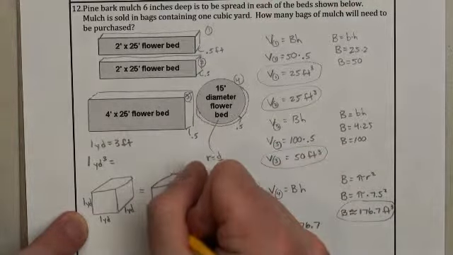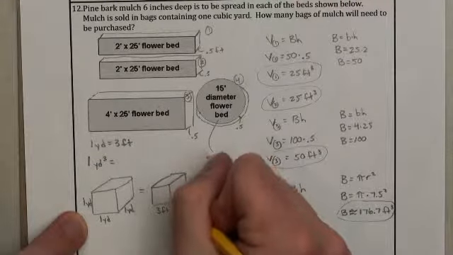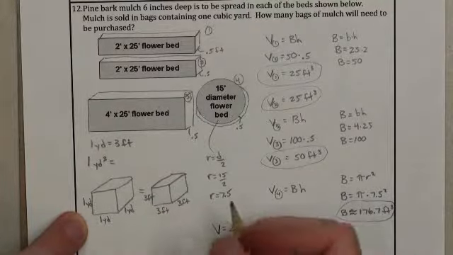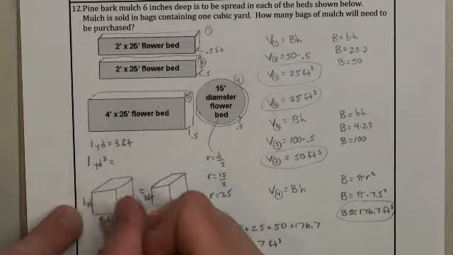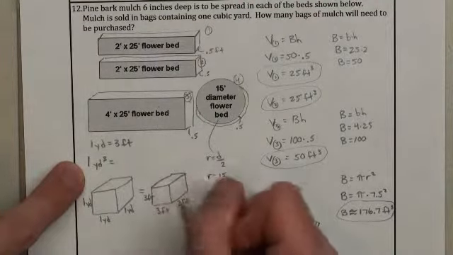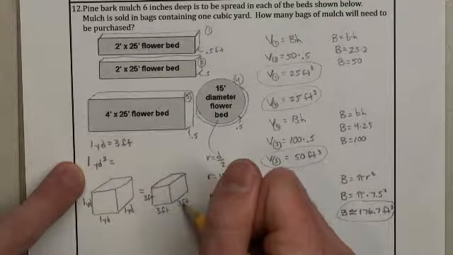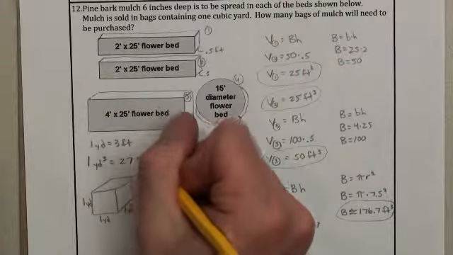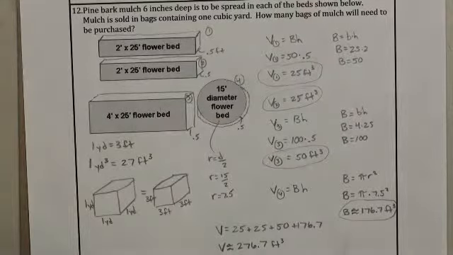If we convert that to feet, 1 yard equals 3 feet, so 1 times 1 times 1 is equal to 3 times 3 times 3. That's 9 times 3. That's 27 feet cubed.